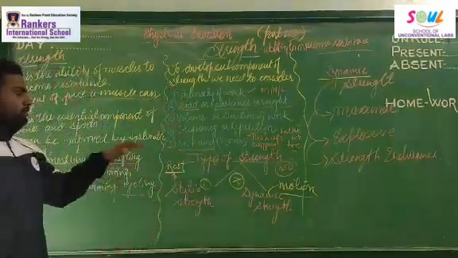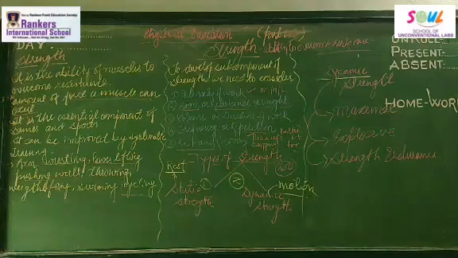Then I talked about the two types of strength, right? That is static strength and dynamic strength. Got it? The static strength is the strength which is in rest, and the dynamic strength is related to the strength when the body is in motion, because the word static means things which are in rest and the word dynamic means things which are in motion.